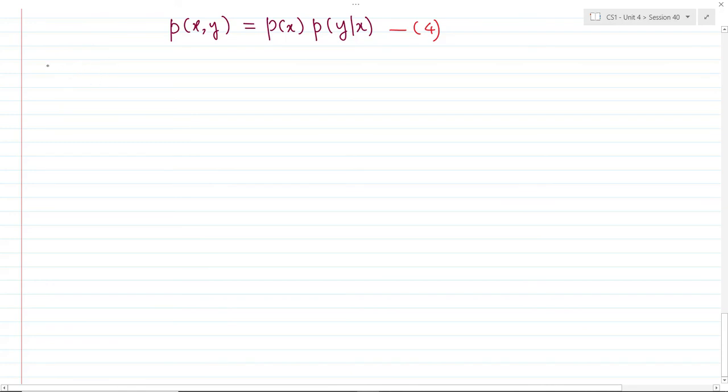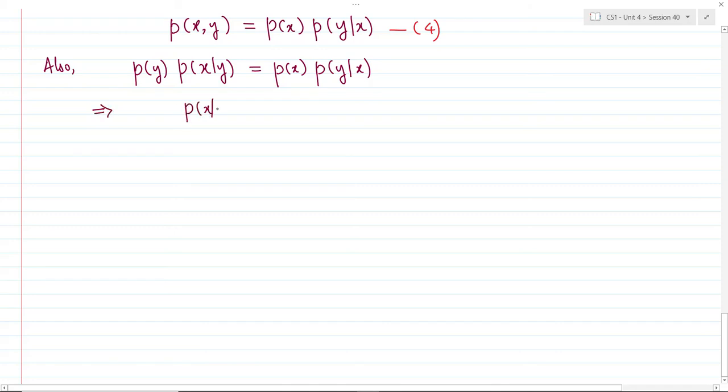Using product rule or using Bayes rule, we also know that probability of x y can also be written as probability y times probability x given y, which is equivalent to probability x times probability y given x. So this implies that we can rearrange a few terms here. So I can write this as probability of x given y over probability of x, which is equivalent to probability of y given x over probability of y.